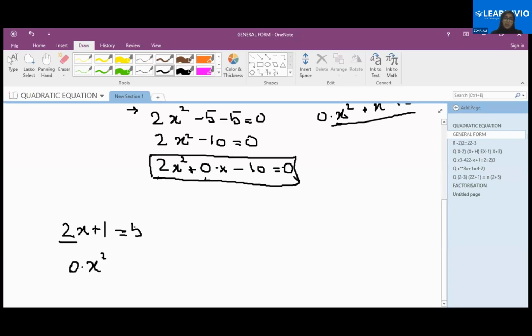If you are multiplying anything with 0, it will give you 0, right? So it will be 0 into x square plus 2x plus 1, and taking this minus 5 to the other side, minus 5 is equal to 0.